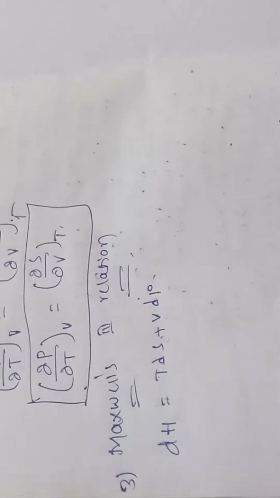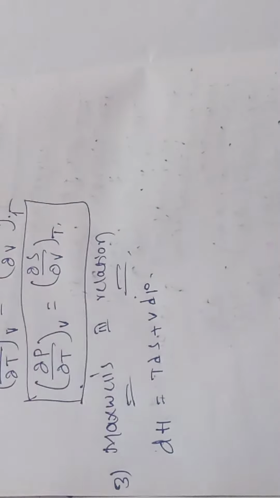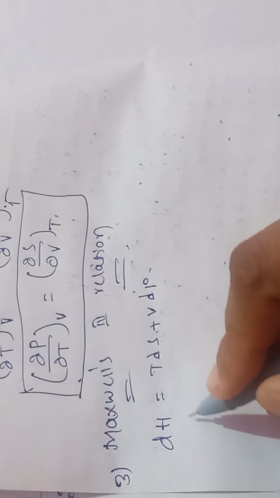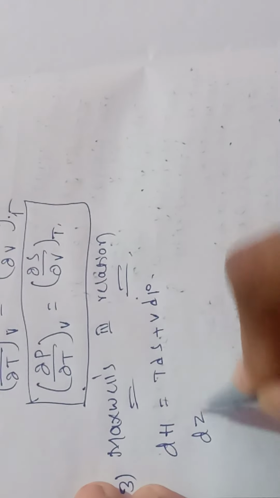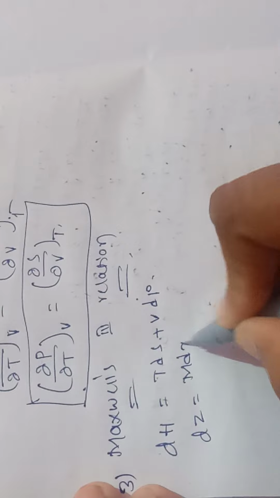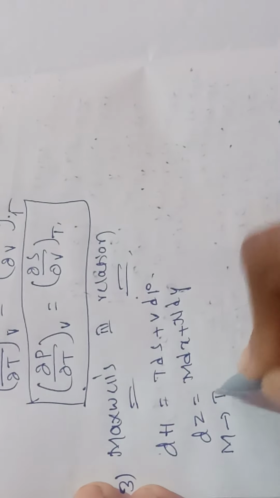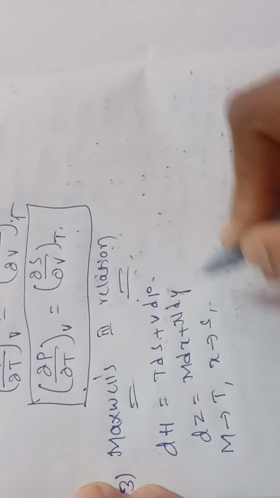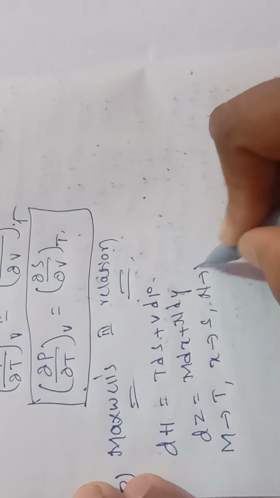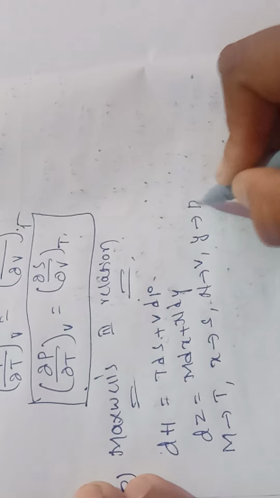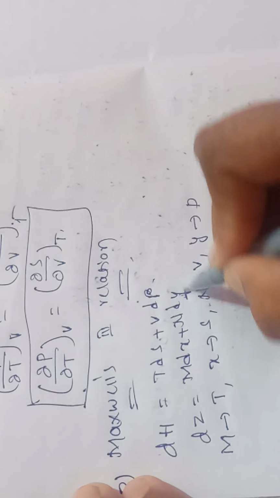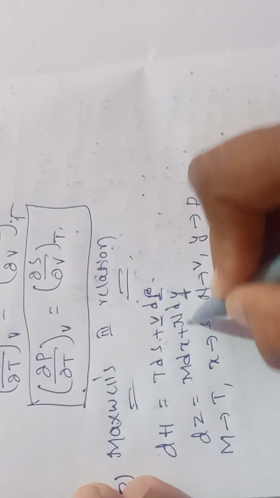Now as usual, first let us compare with dz is equal to M dx plus N dy. So in place of M I have T, in place of x S, in place of N V, in place of y P. So in such a way we compared.